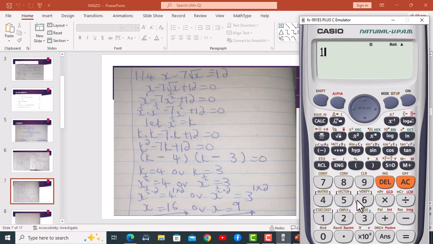So I'm going to say 16 minus 7, the square root of 16, and plus 12. And this gives me 0. So the first one is valid. Let me check with the second one. So I will use a 9, and I will also use a 9, and let's check, and I get a 0 as well. So both are valid for that.